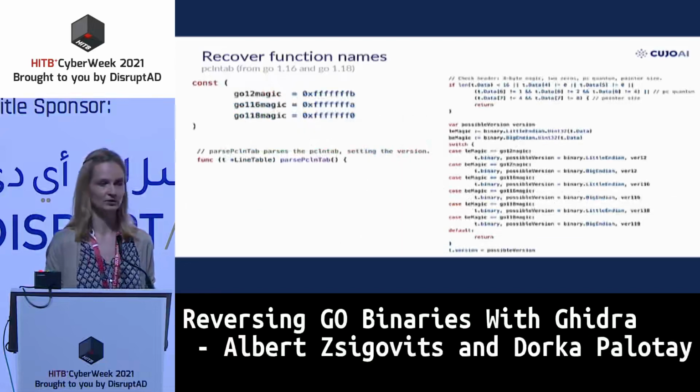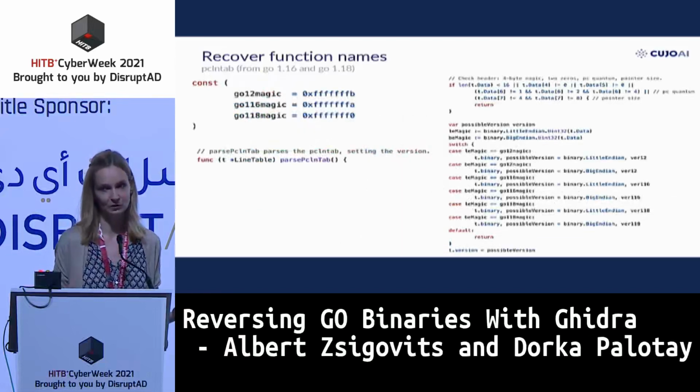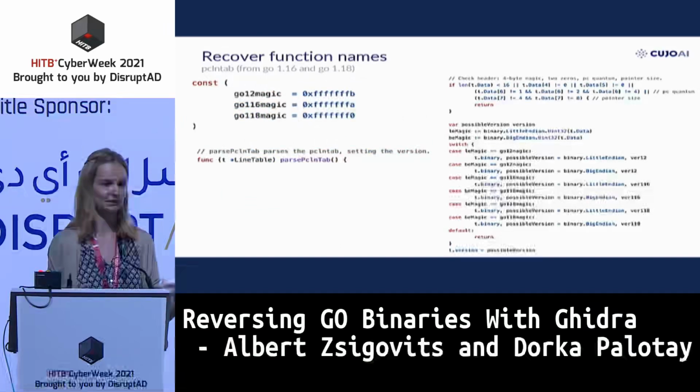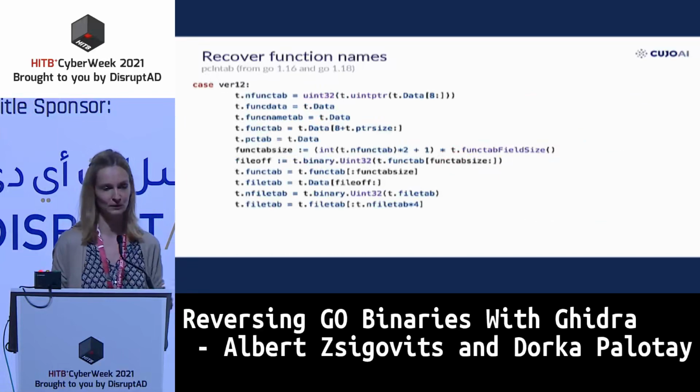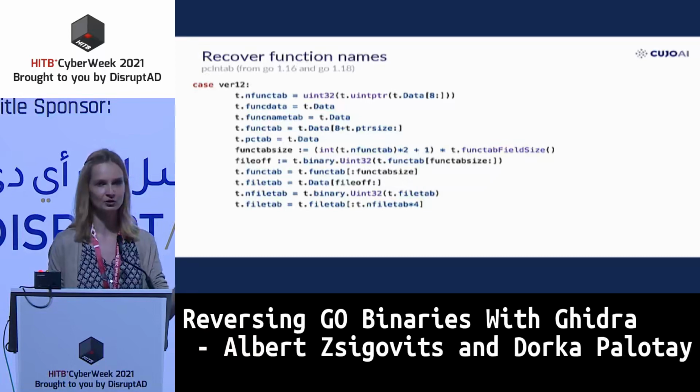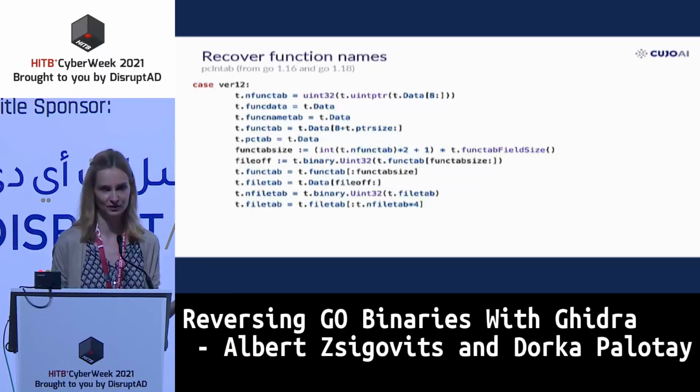The nice thing about Golang is that everything is nicely documented. You can just look at the source code and find what you need. So, for example, here you can find the magic values that are used by different versions for the Go PCLN tab, and also how to search for this structure, and for every single version when some changes were made, it will exactly show you how to recover the information that you need.